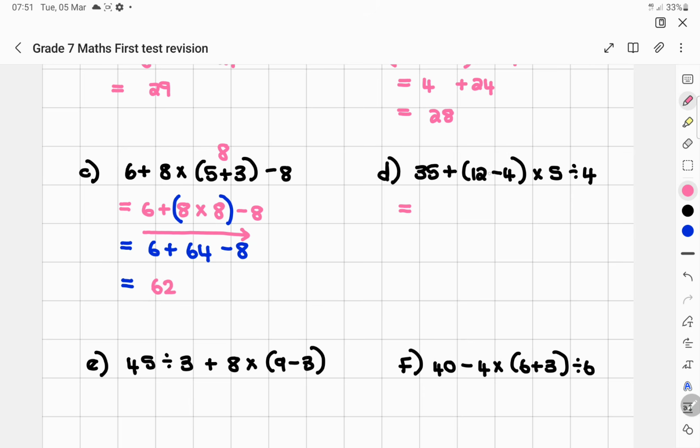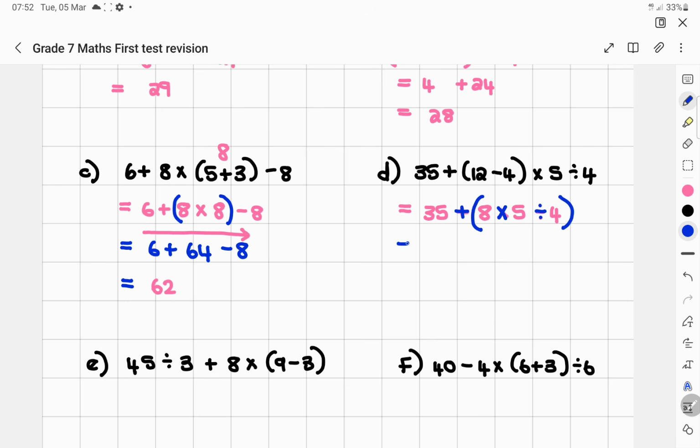Over here, again, first your bracket. So if you need to, rewrite your whole sum, and then first step is simplify your bracket. 12 minus 4 is 8 times 5 divided by 4. Okay, now the plus needs to happen at last. So this multiplication and division has to happen first. And if you've got multiplication and division, you are going to work from left to right.